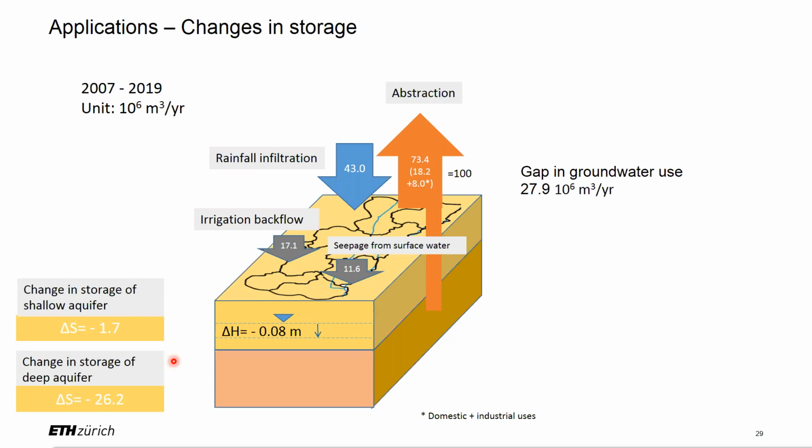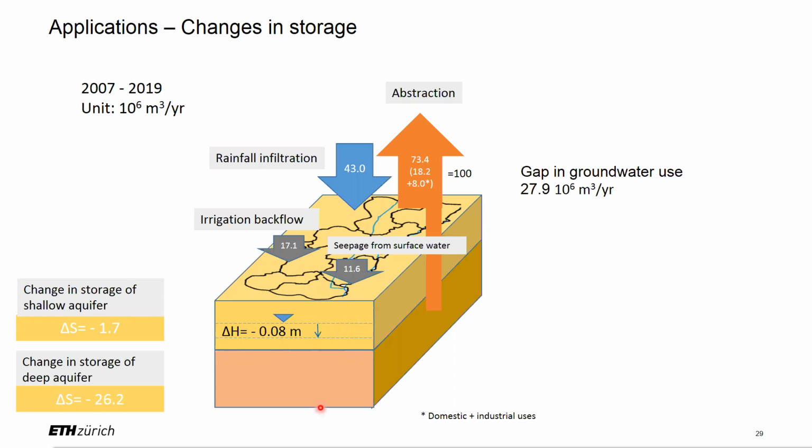We can see that the change in storage of the shallow aquifer is only close to 2 million per year, and the change of water level per year is only less than 0.1 meters. So the overpumping in the shallow aquifer is not significant.